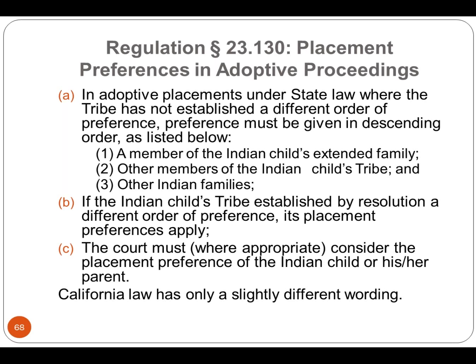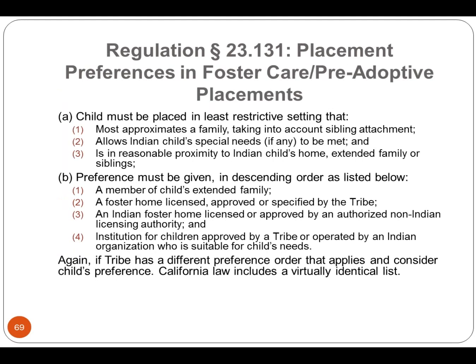If the child's tribe establishes by resolution a different placement preference list, then that placement preference list applies. The court must consider the placement preference of the Indian child or his or her parent. California law has only slightly different wording.